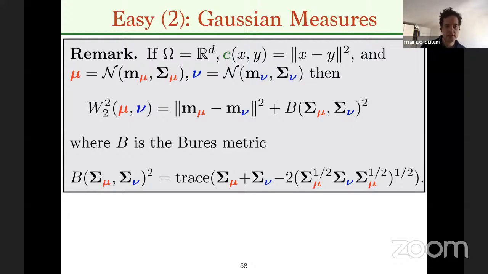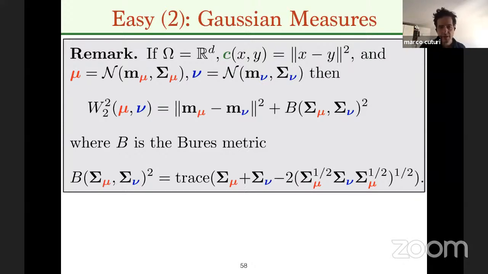Then the Wasserstein distance between those two measures is very simple to picture. It's first just the difference between the two means. So you can basically reduce the difference in location to just where the means are located, plus something which depends only on the covariance matrices. So it kind of splits the information into two parts. And this something is called the Bures metric.